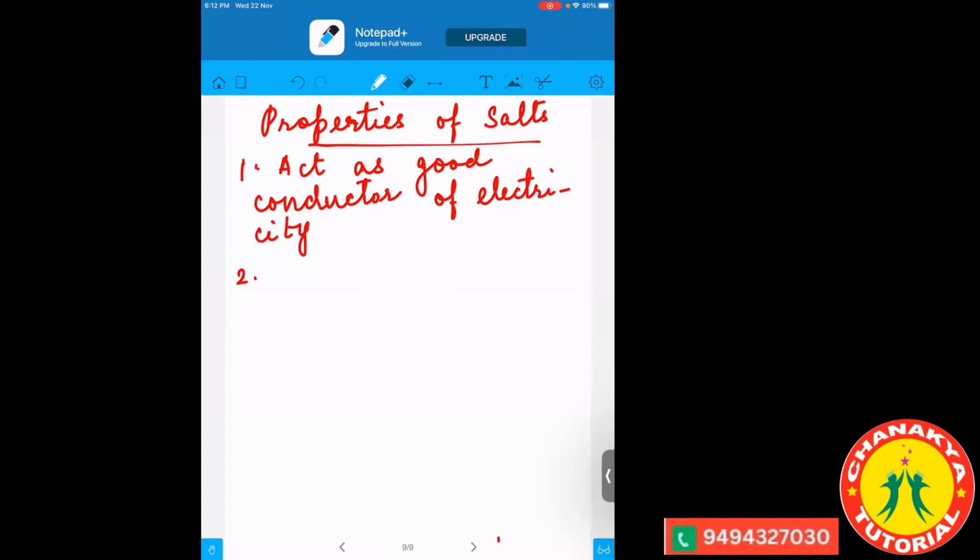The second property is that they are soluble in water. Whatever salts there are, we can mix them in water, like the normal salt. They are soluble in water.